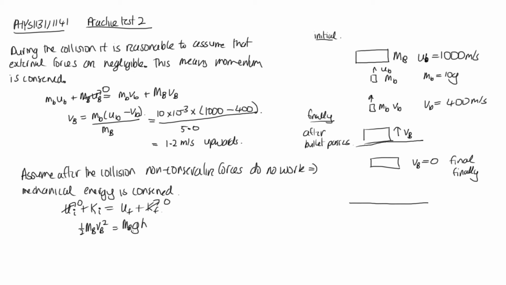So we're trying to find this height. The mass of the block will cancel out, and so h is given by a half VB squared over g, which is equal to a half times 1.2 squared over 9.8. And solving that on the calculator, I get 0.073 meters, or I can write it as 7.3 centimeters.